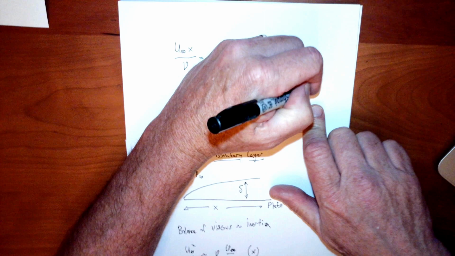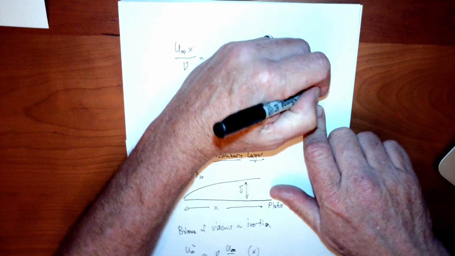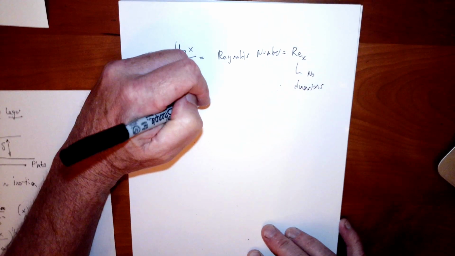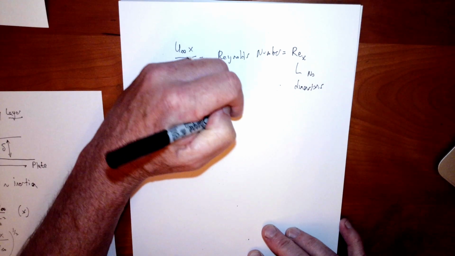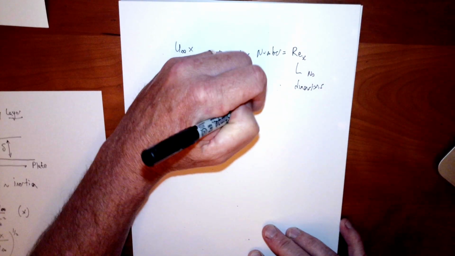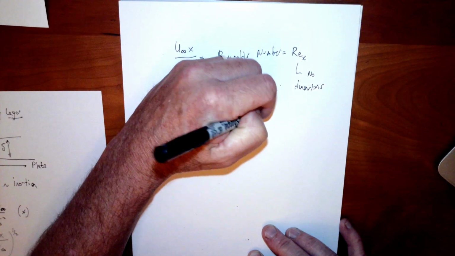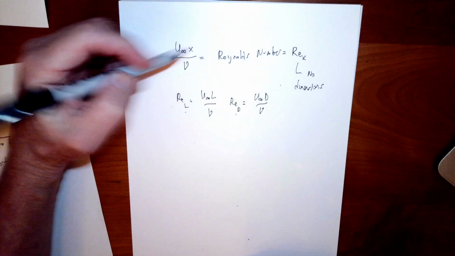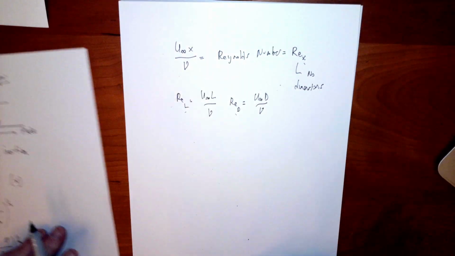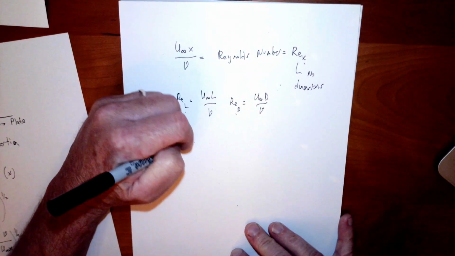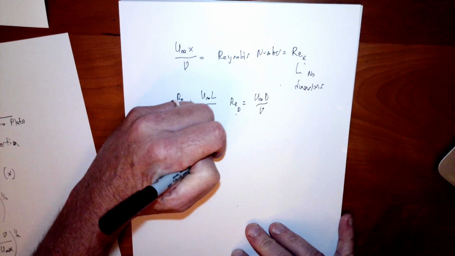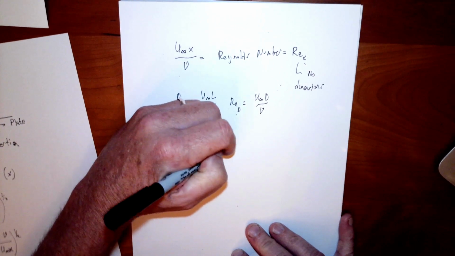So this is a dimensionless number called the Reynolds number. So the Reynolds number based on L would be Re sub L equals u infinity L over nu. Re sub D, if you had a tube with a diameter, would be u infinity D over nu. Those are all different forms of the Reynolds number, just depending on whether you put L or D or x in that position. So delta over x then, the size of the boundary layer as a function of x, can be written very simply as the Reynolds number based on x to the minus 1/2 power.